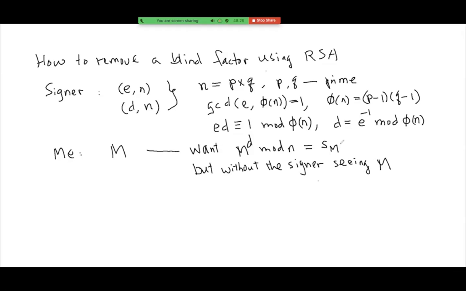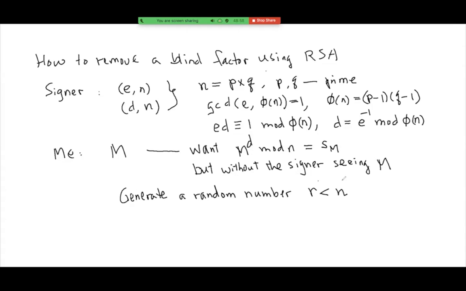So now what I do is to generate a random number R, which is less than N. Of course, it would be a pseudo-random number, okay? We know that, right?